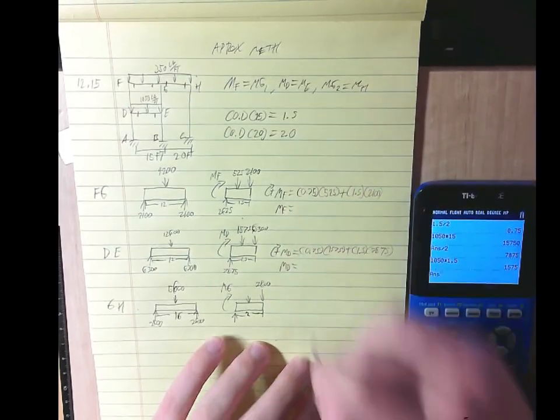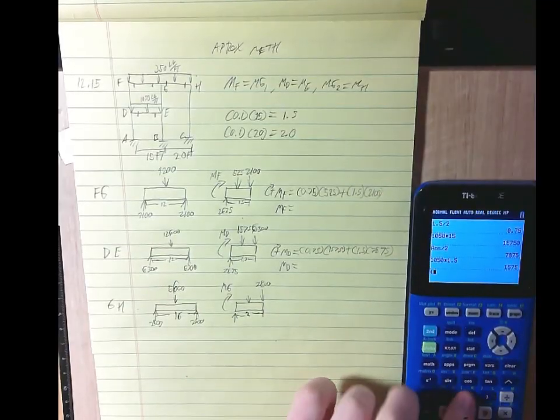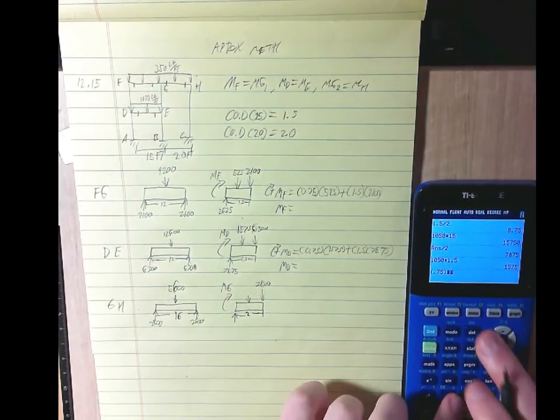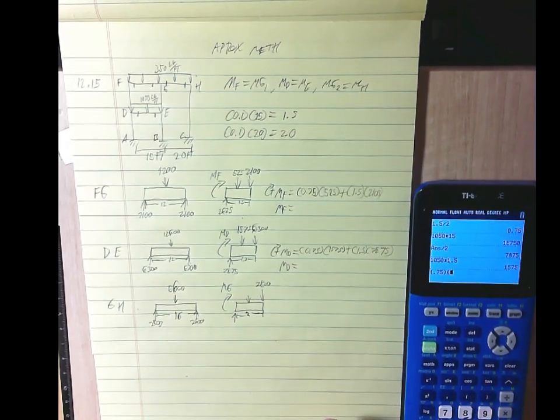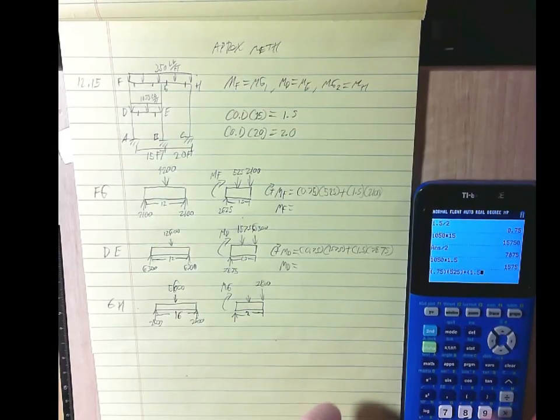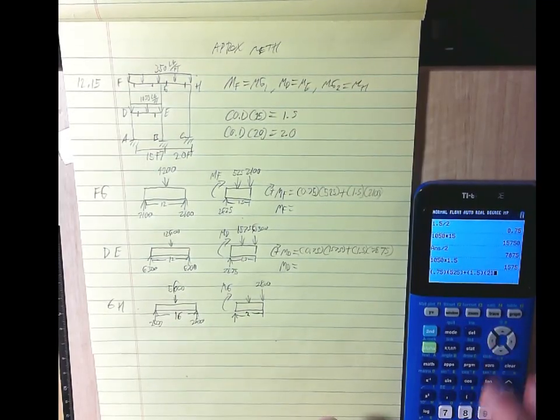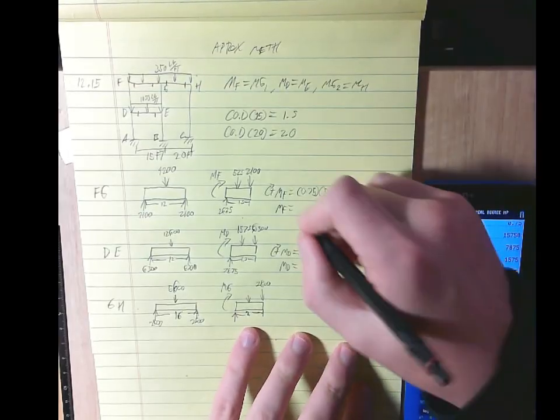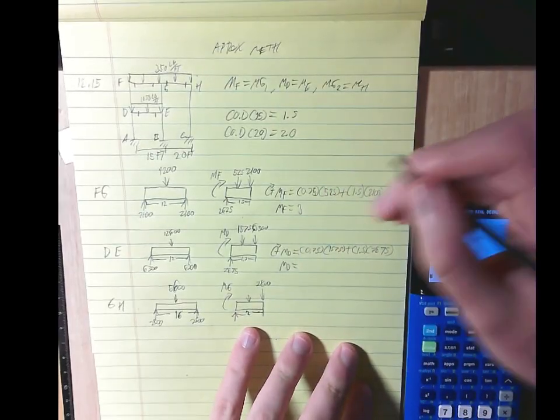Our MD is going to be equal to this. And what's this going to be equal to? Let's see, 0.75 times 525 plus 1.5 times 2100. This is going to be 3543.